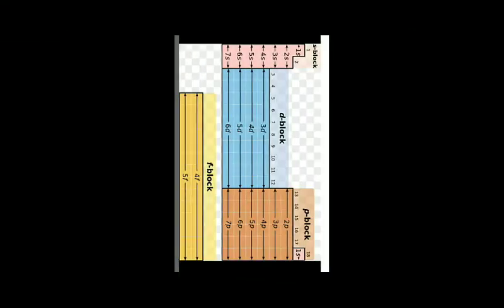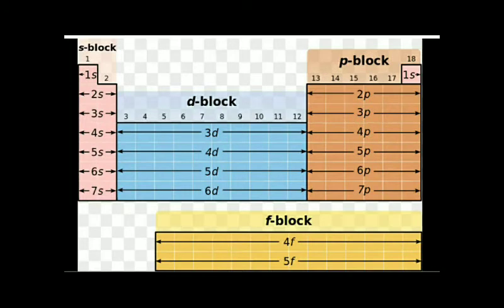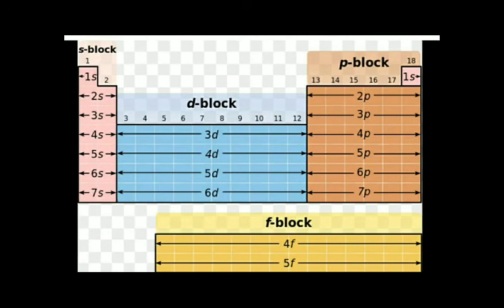First see the blockwise distribution: the first and second blocks are shown by the pink color, then the d block from 3rd to 12th is shown by the blue color, and the p block is shown by orange color from 13 to 18. At the lower side, in yellow color, we can see the lanthanide and actinide series.